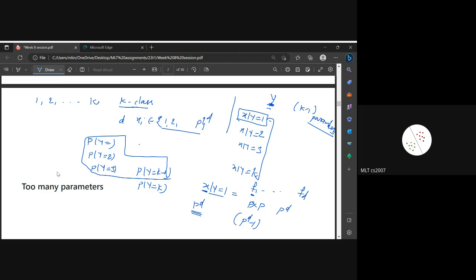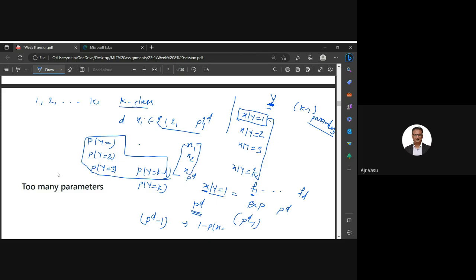If you have found the probabilities for p raised to power d minus 1 values, the last data point will take probability 1 minus the sum of the others. So these p raised to power d data points you have, and you only need to find the probability values.